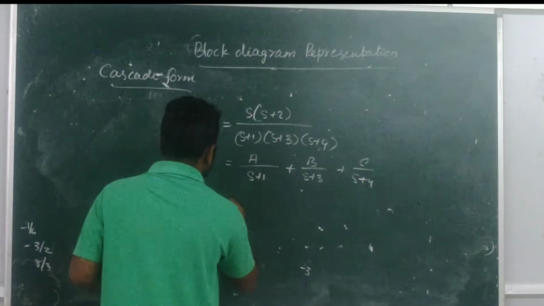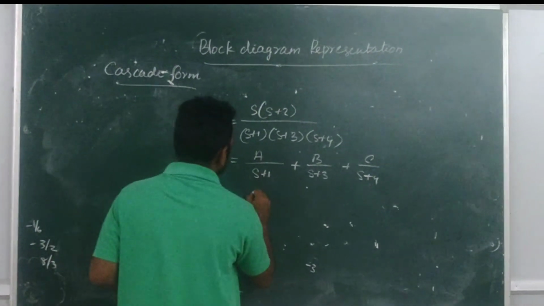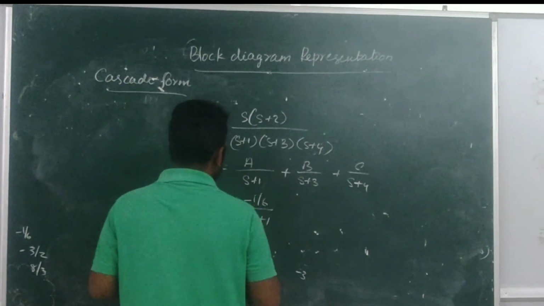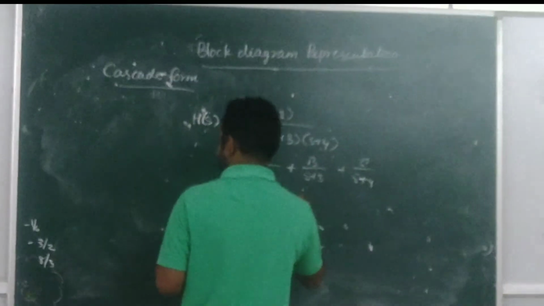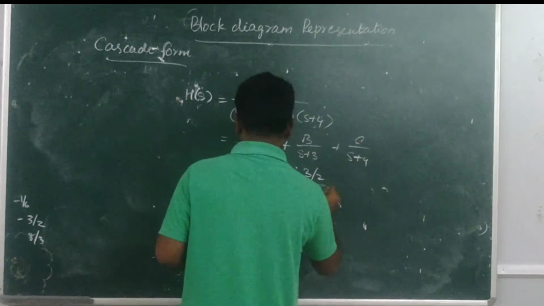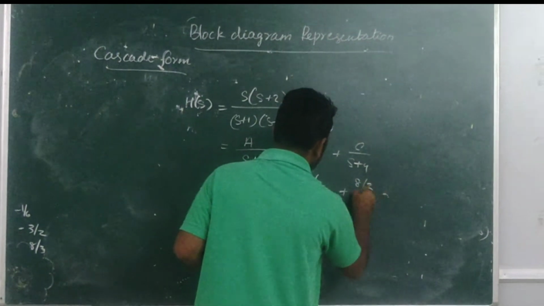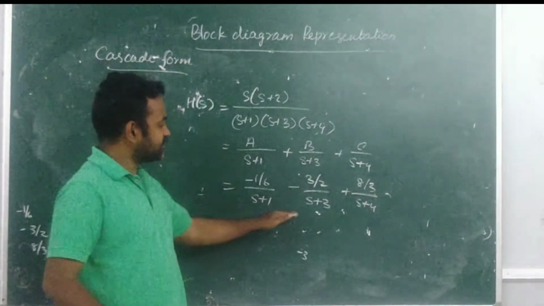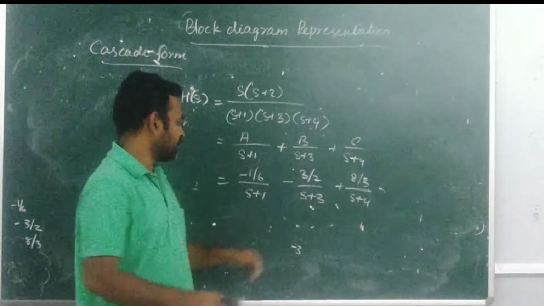Everyone is familiar with the partial fraction method, and here I am directly writing the answer. A is minus 1 by 6 and B is minus 3 by 2 and C is 8 by 3, over s plus 4. Now this is your H1 of s, this is H2 of s and this is H3 of s.